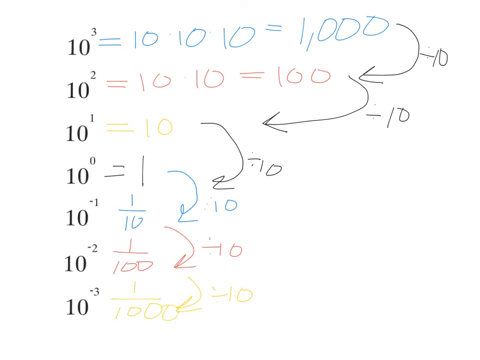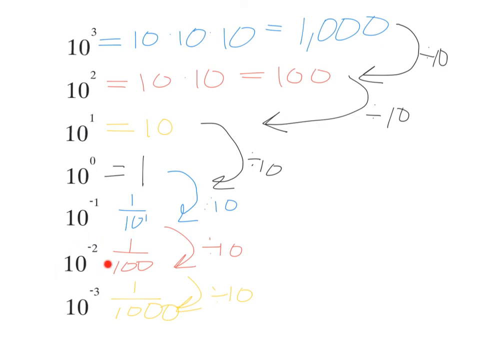Okay. Another way you can look at this is if it's a negative exponent, I'm going to make it 1 over, and then instead of 10 to the negative 1, it's just 10 to the first power.